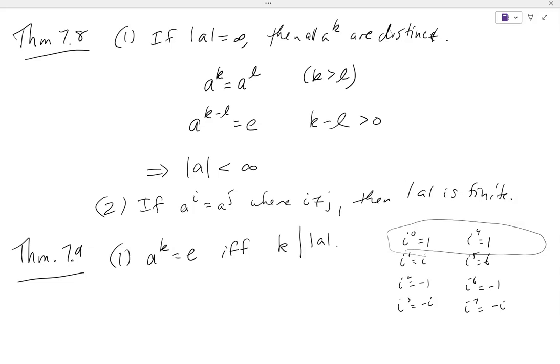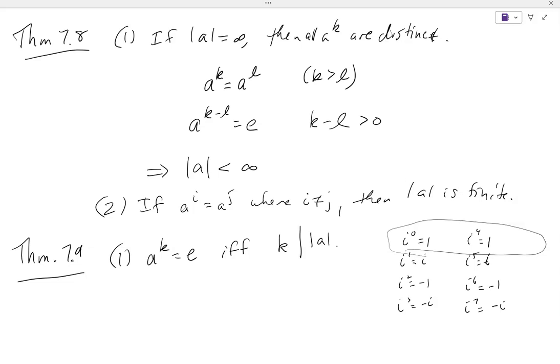The only way you could have got back to 1 is if the remainder was, what? 0, right? Exactly. You were a multiple of 4, which was the smallest power of i that got you back to the identity. When you played around with simplifying those things, that's exactly what you did. This is exactly what this theorem is saying, just more generally for groups. The only way you can get back to the identity is if you're a multiple of the smallest thing that gets you back to the identity. This relates to stuff that you've seen before, right?